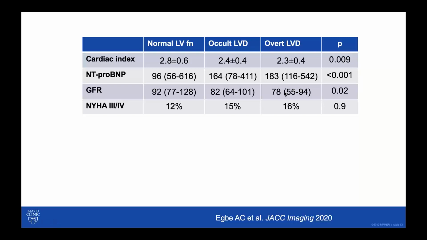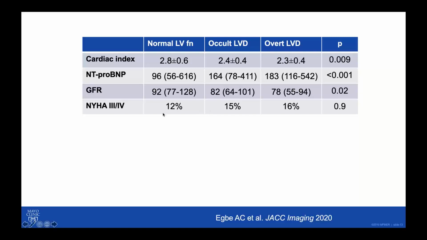So that's not surprising. What is interesting is the occult group. These people have normal LVEF. The cardiac index, the NT-proBNP and GFR are all reduced relative to the normal group and almost identical to what you find in the overt LV dysfunction group.